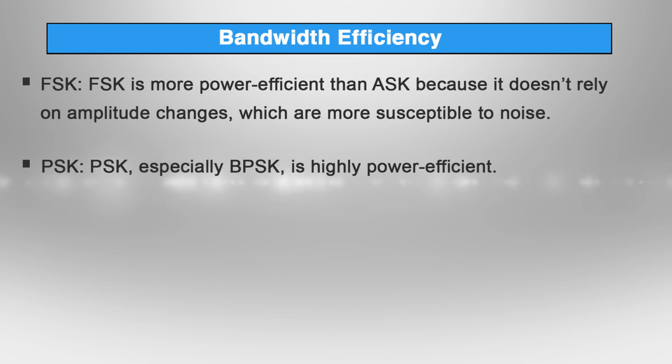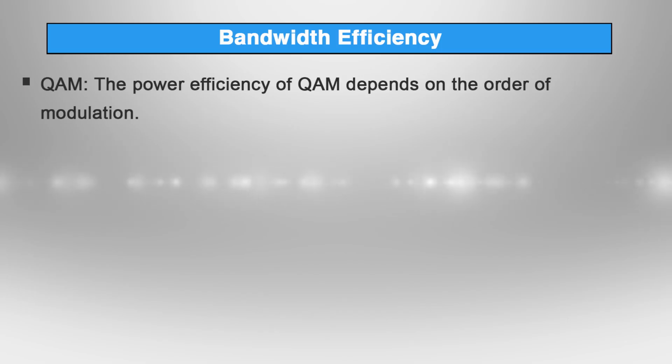Now, come to the PSK. PSK offers good power efficiency due to its constant amplitude nature. It involves varying the phase of the carrier, which does not affect the amplitude. PSK is used in applications where power efficiency is important, such as in satellite communication and certain wireless technology. Quadrature amplitude modulation.